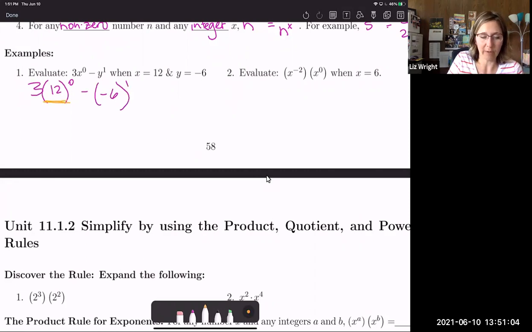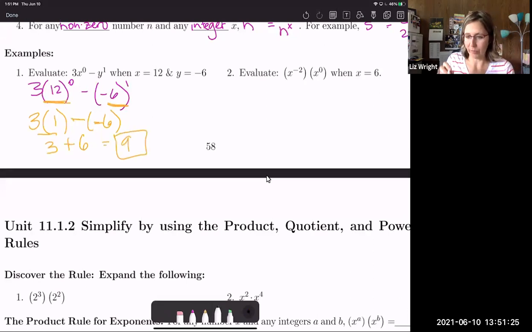Look at your rules if you don't remember. That should equal 1. Minus, what is negative 6 to the first? That should give us back itself, negative 6. So 3 times 1 is 3, minus a negative gives us a positive. 3 plus 6 is 9.